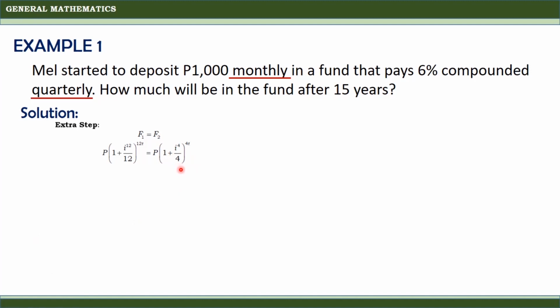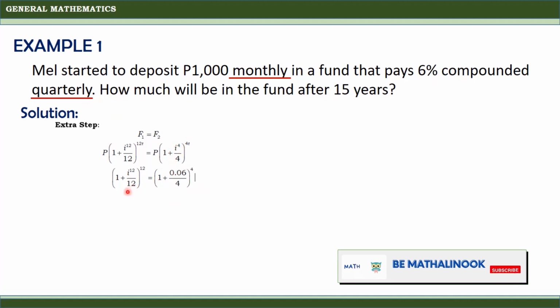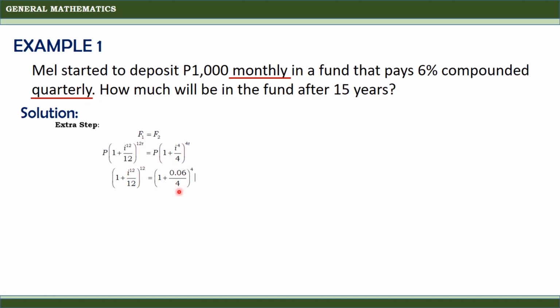Since we have P on both sides of the equation, we may cancel it. And remember, since the interest is 6% compounded quarterly, we will be substituting 0.06 for i sub 4. So we will have (1 plus i sub 12 over 12) raised to 12 equals (1 plus 0.06 divided by 4) raised to 4.